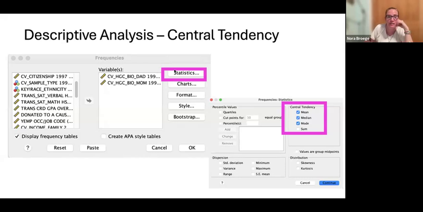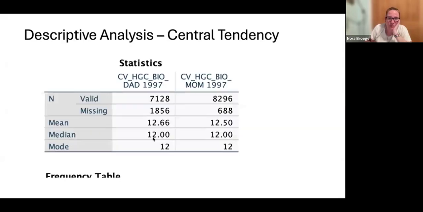And let's click on statistics and select the measures of central tendency, mean, median, and mode. Okay. Once you click continue and then come back here and click OK, you should end up with this box. It has the valid sample size for these and the missing, the mean, the median, and the mode.